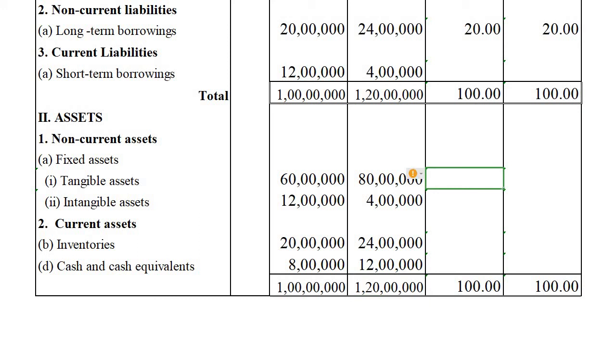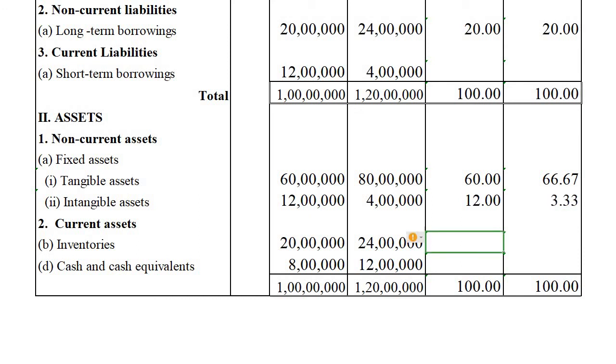Now let us see the percentages. The percentage of tangible asset for the previous year is 60 lakh divided by 1 crore into 100, so we will get 60%. For the current year, 66.67%. Next, for the intangible assets, 12% and 3.33%.